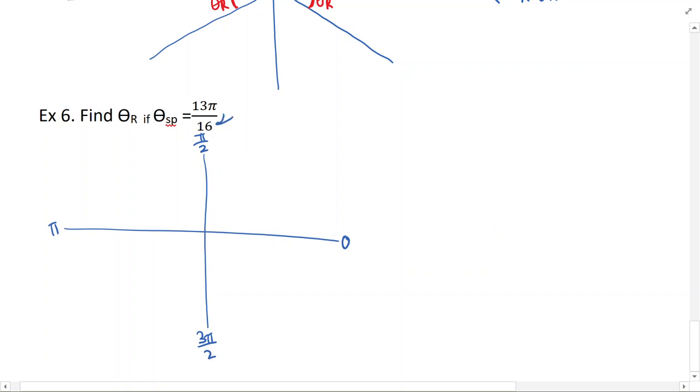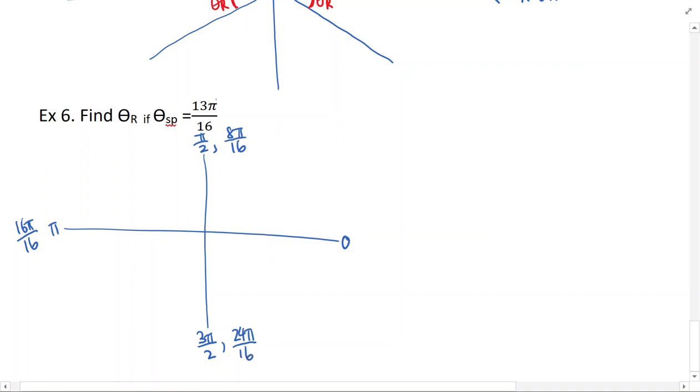Now, since we're looking at denominator 16, let's change up our sides to 16, and maybe it'll give us a better view of where we should put it. So pi over 2 to 16, we'll have to multiply top and bottom by 8. So 8 pi over 16. Here is basically 16 pi over 16. And 3 pi over 2 would be 24 pi over 16. Okay.